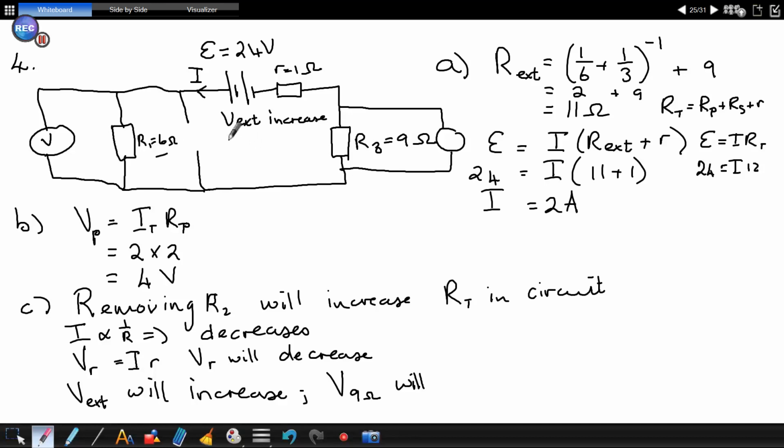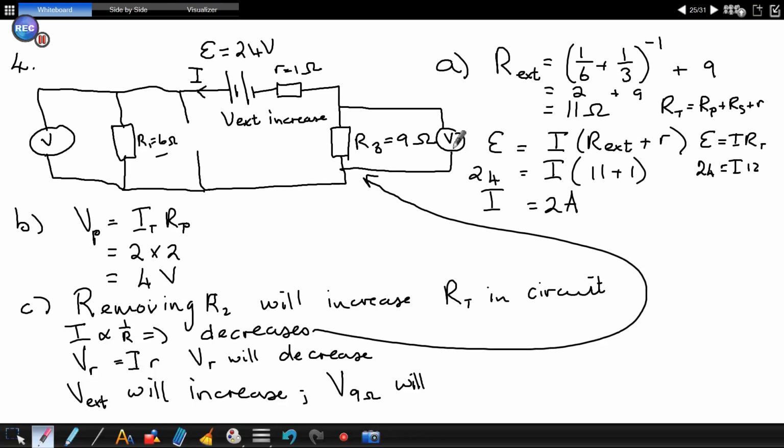What happens? We know that the V external will increase. Sorry, it's very late. What will happen to this voltmeter? If I put a voltmeter there, what will happen to it? Will it increase or decrease with a decrease in current? There, the current is less. The voltage across the 9 ohm will what? With a smaller current. Yes?